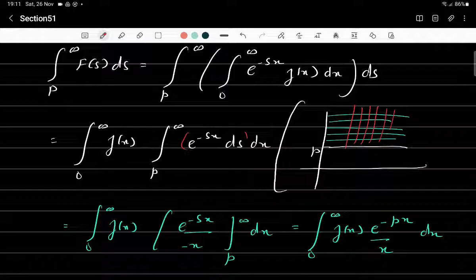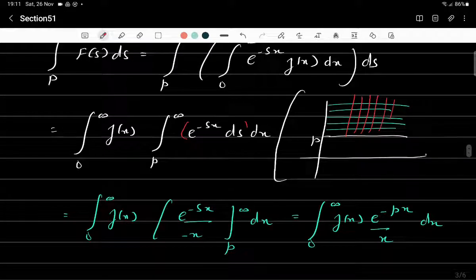At p it becomes e raised to the power minus px by x. So 0 minus e raised to the power minus px by minus x simply becomes f of x e raised to power minus px by x. And what is it now? It is the Laplace of f of x by x.